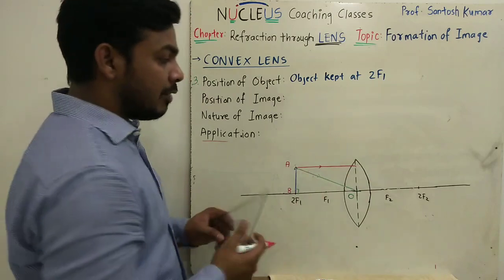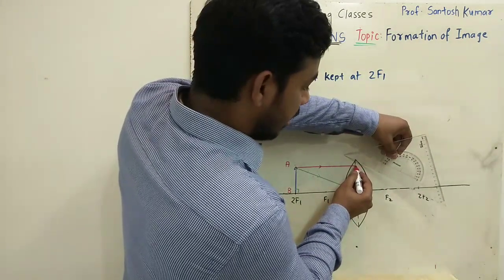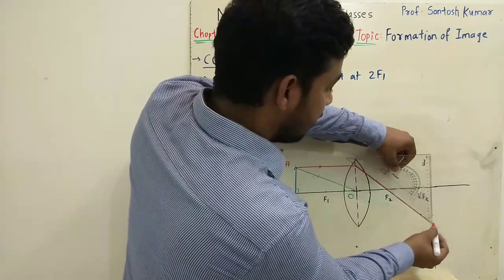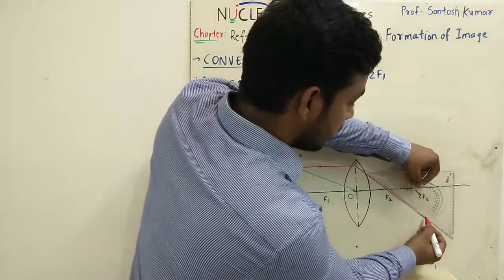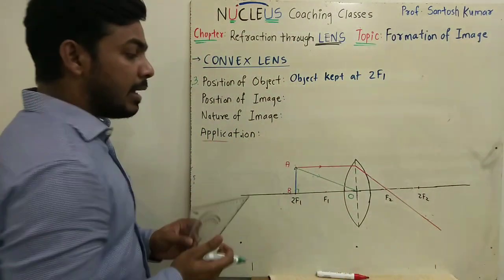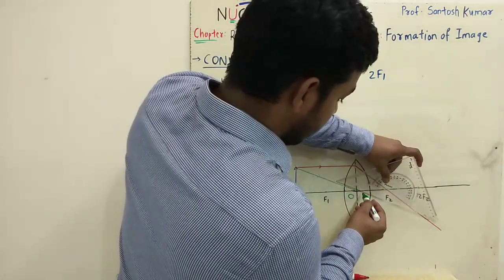So a ray traveling parallel to the principal axis will, after refraction, pass through f2. We know this path, it is very familiar to us. I will extend it. And a ray passing through the optical center will travel undeviated, so I have to extend this path.